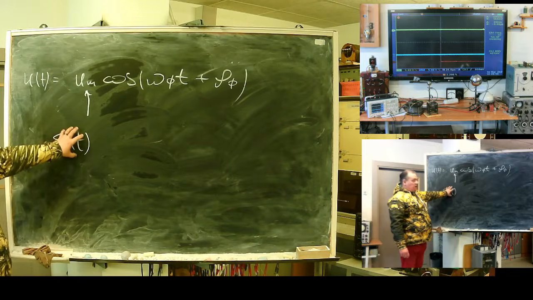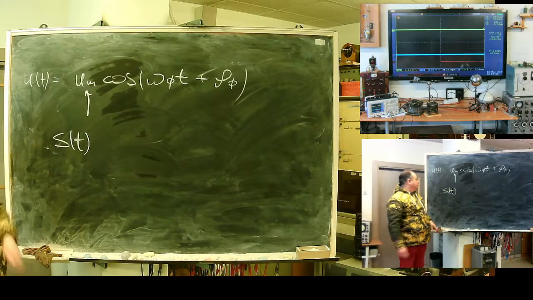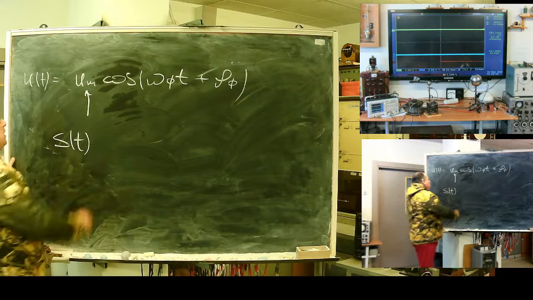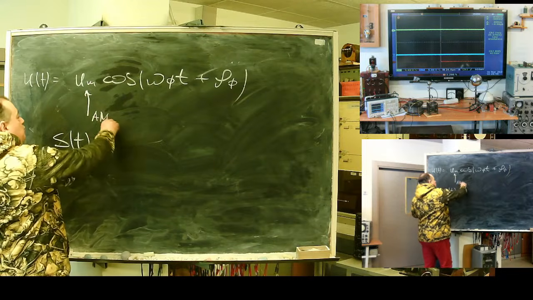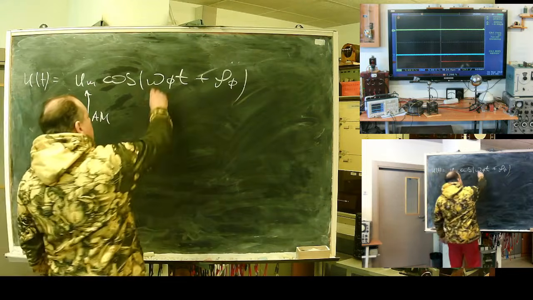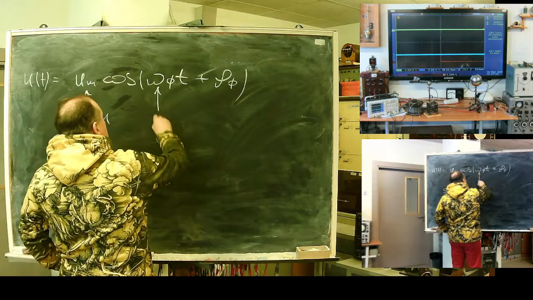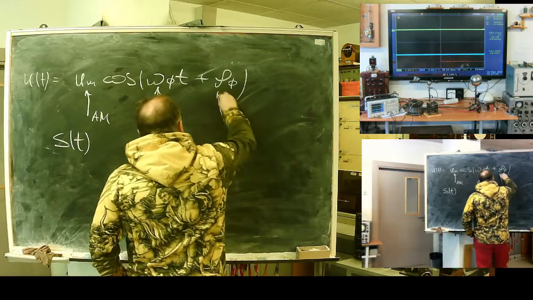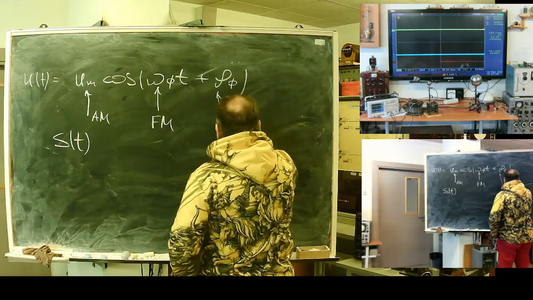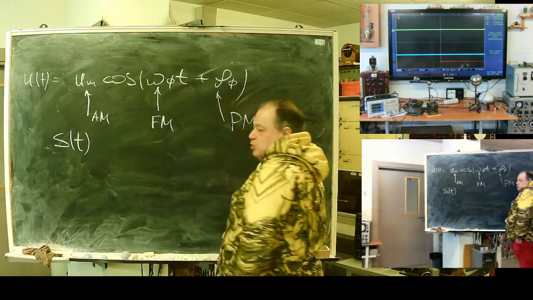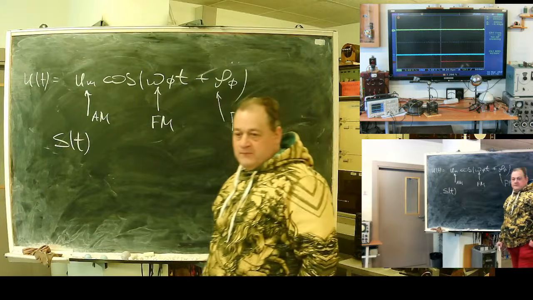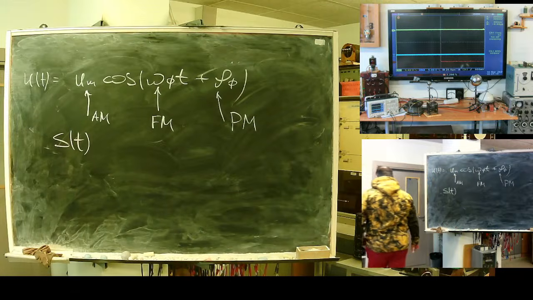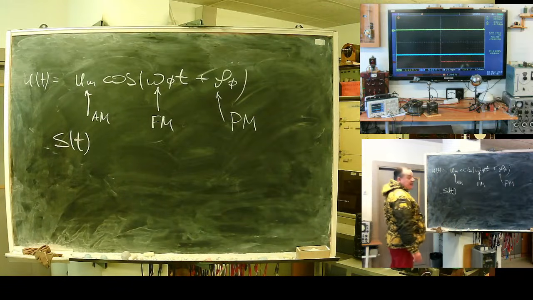This is the information I would like to pack and send. If I pack it within amplitude, it will be amplitude modulation. If I use frequency, it will be frequency modulation. If I use angle, it will be phase modulation. I can pick any parameter of my carrier signal.